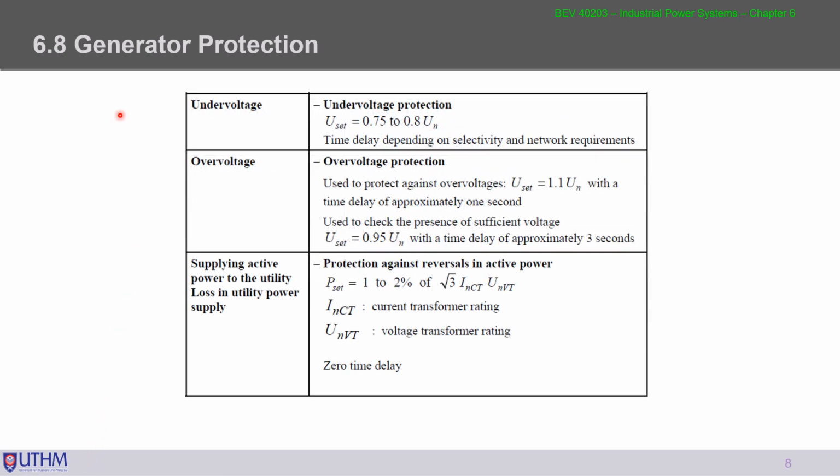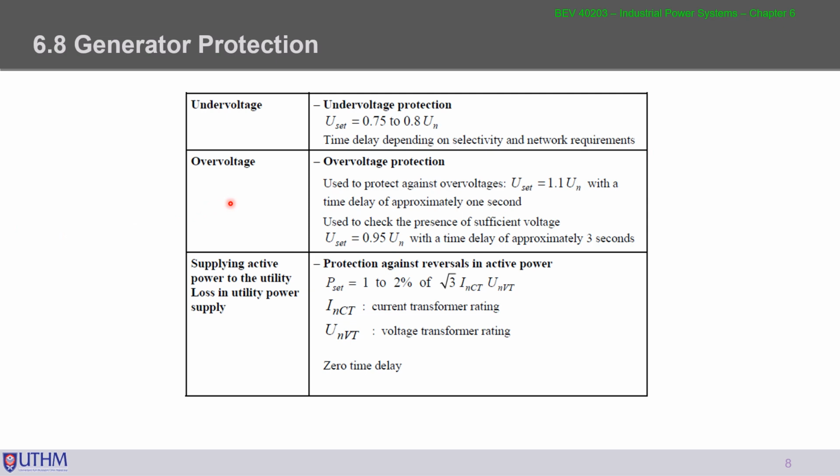Next, for the case of under voltage, the protection is set to 0.75 up to 0.8 of UN, and the time delay depends on selectivity and network requirements.